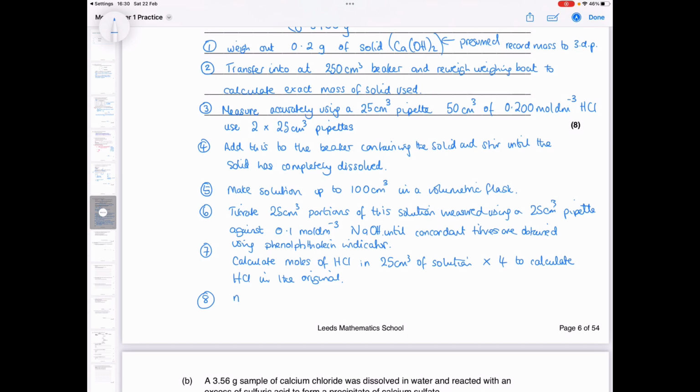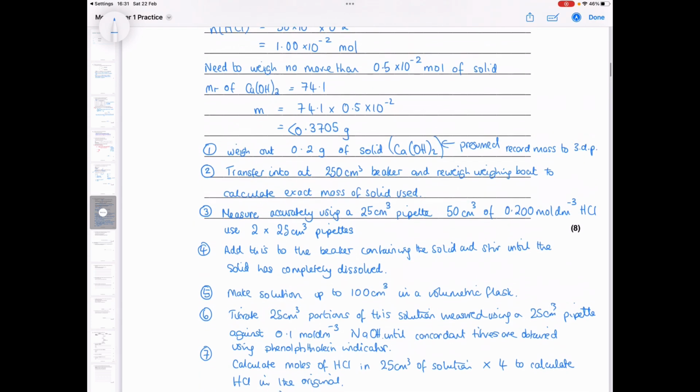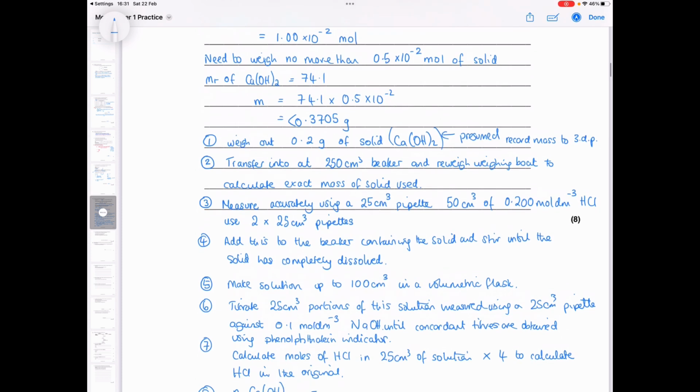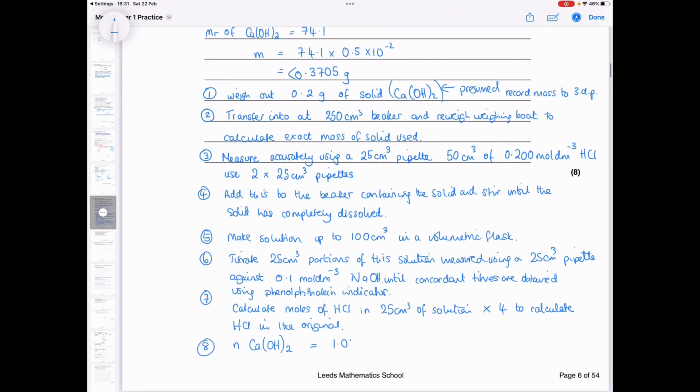So then the moles of calcium hydroxide is going to be related to the original moles of the acid. The original moles of acid that we calculated was 1 times 10 to the minus 2, minus the number of moles in our solution, the number of moles left over after we've used it up by the calcium hydroxide.